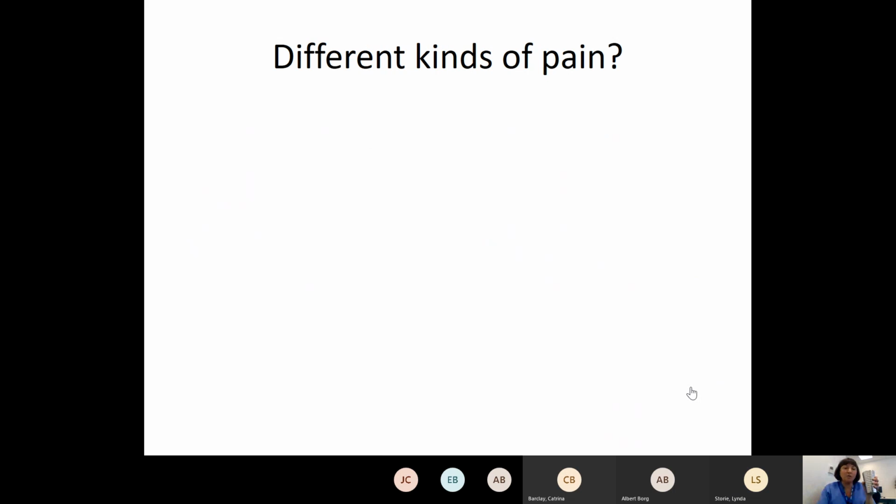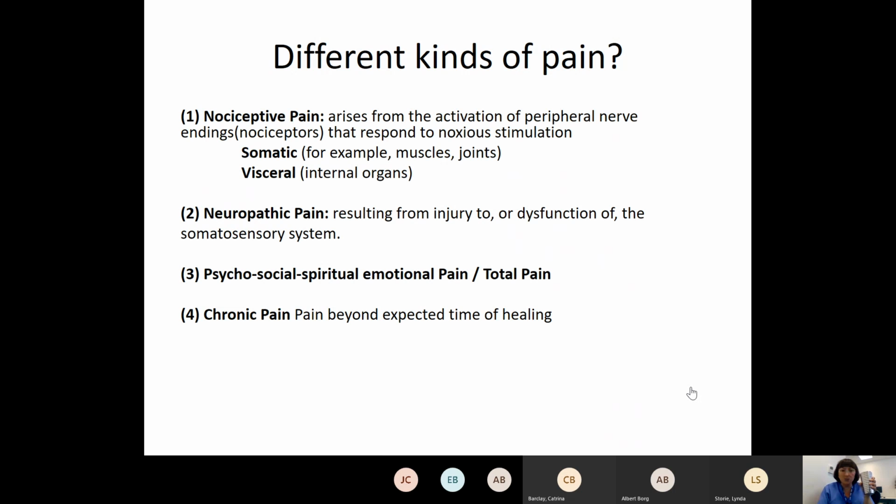So just in terms of background, I thought it was important to remind ourselves what are the different kinds of pain. So we have nociceptive pain arising from the activation of peripheral nerve endings that respond to noxious stimuli. So the classical example would be stepping on a pin, and the pictures that we see with the different nerve conduction routes with that, which is what was being described in the YouTube video.